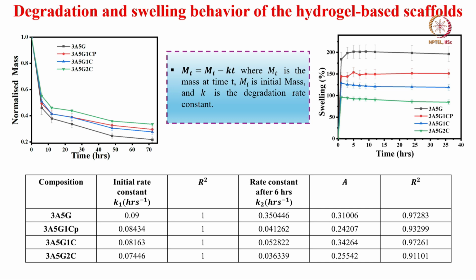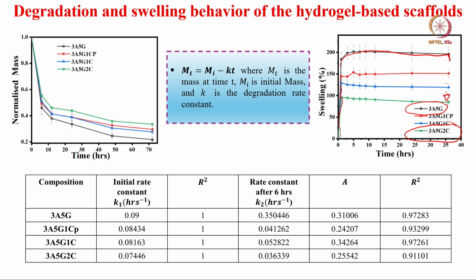So, in terms of the biophysical properties, normally one has to measure swelling behavior. As I said, hydrogels are defined by a unique property of significant water retention. Within a few minutes it swells to a maximum extent of 200%. One of the things you notice here, 3A5G swelling is 200%, and it drops down to almost 100% for 3A5G 2C.